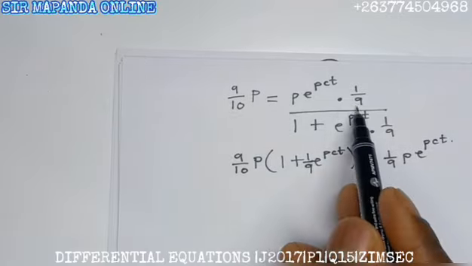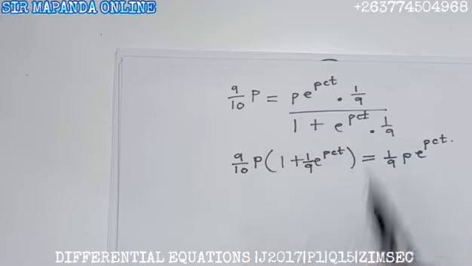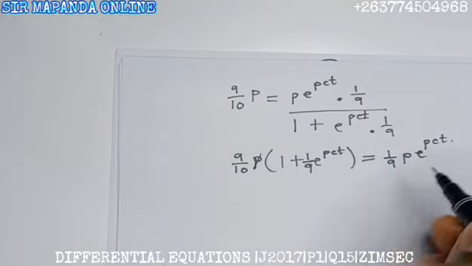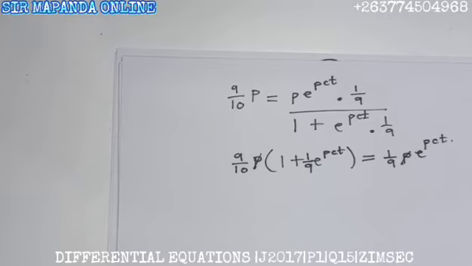If you multiply 1 over 9 with the P e to the power of PCT, you get 1 over 9 P e to the power of PCT. We have terms which can cancel off each other here: P and P cancel off each other. I hope you are following.